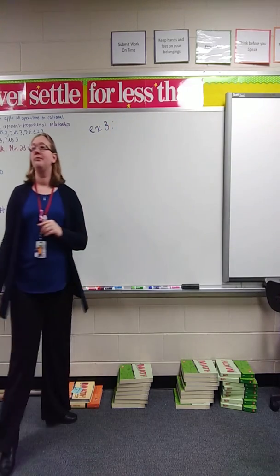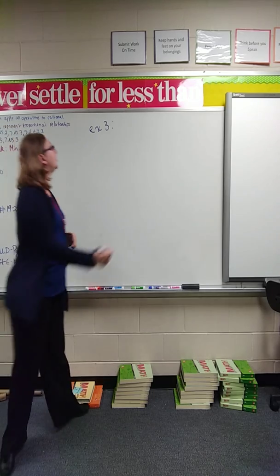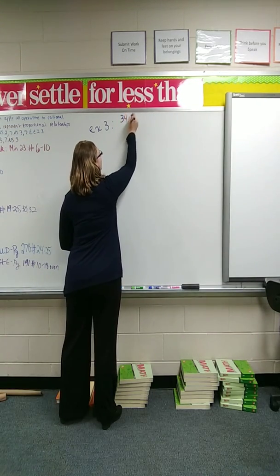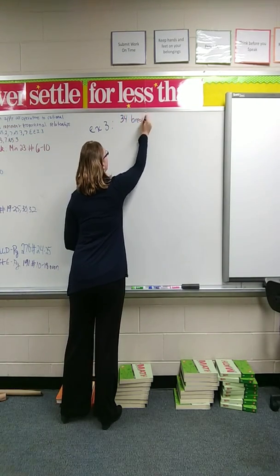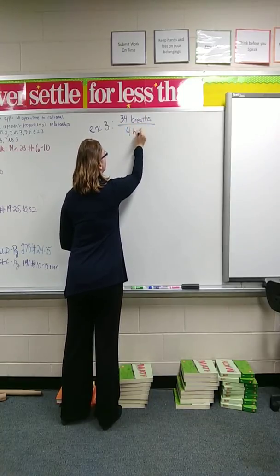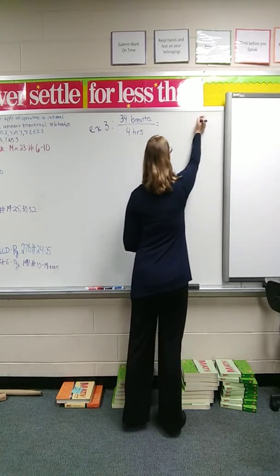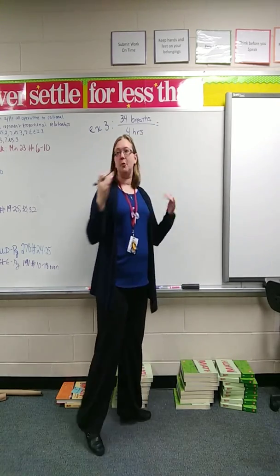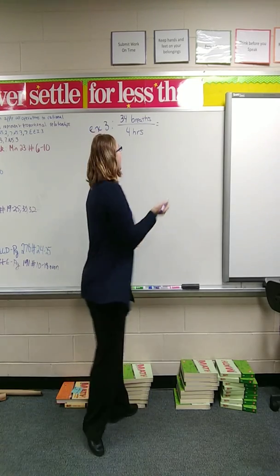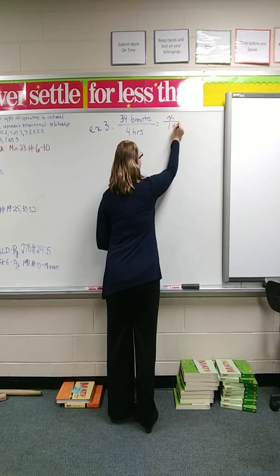We took how many breaths that we know of? 34 breaths. And that was in how many hours? 4. And we are trying to find, we need to know how many breaths per hour, correct? Okay, so that means we have X breaths per 1 hour.